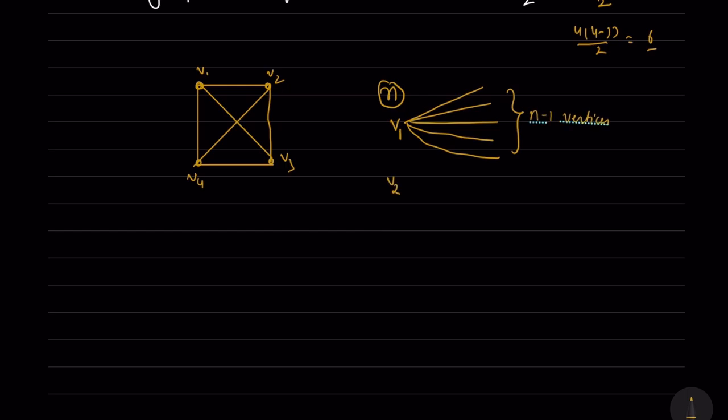I choose v2, which is also connected to n minus 1 vertices.